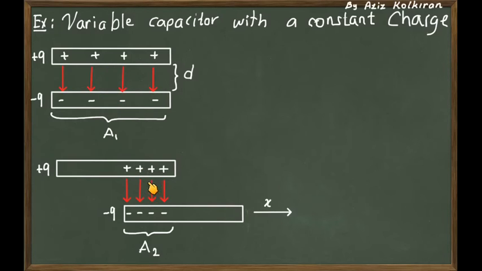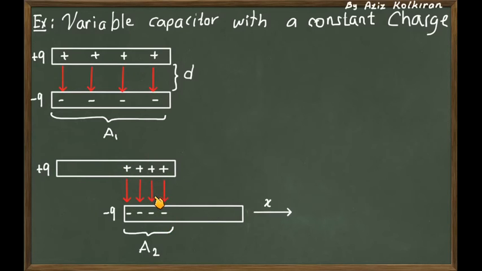When we do this sliding, the total charge will accumulate on a smaller surface area, since we have the same number of charges. The charge will remain fixed, but when you slide, the charges will move toward one end. Again, you can say that these plates are in electrostatic equilibrium.